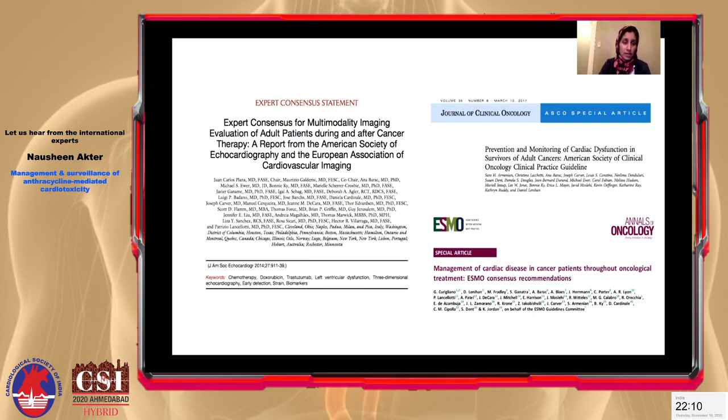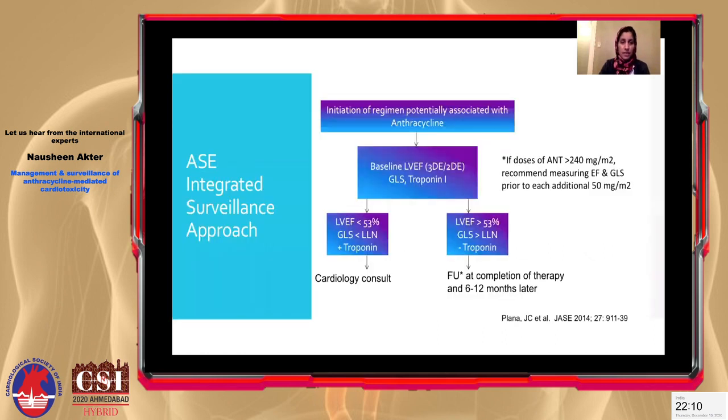The American Society of Echocardiography expert consensus statement, the American Society of Clinical Oncology practice guideline statement, and, as of this year, the European Society of Medical Oncology consensus recommendation. The ASE recommends integrated surveillance, including biomarkers such as troponin with echo parameters, LVEF, and global longitudinal strain.